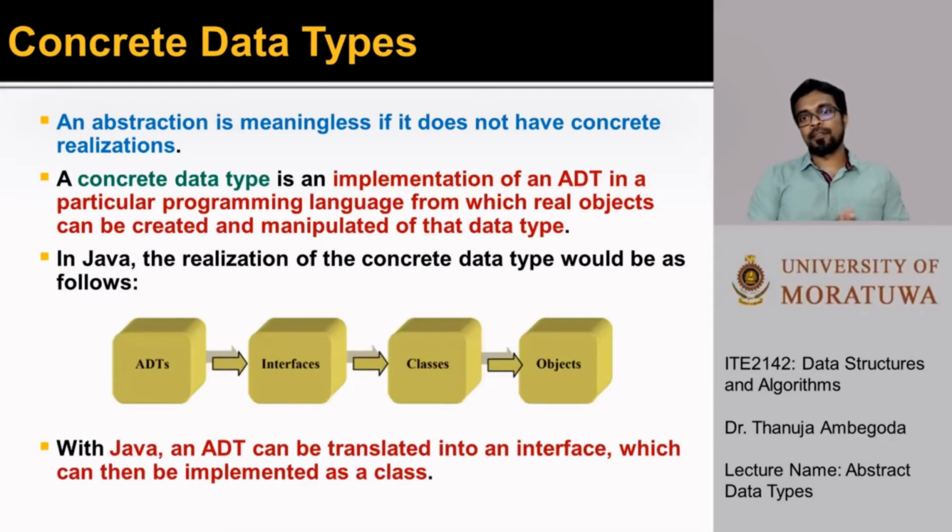So the discussion of abstract data types continues from the abstract part into concrete data types, because without being able to create real objects and manipulate them, the use of abstract data types would not be very interesting.